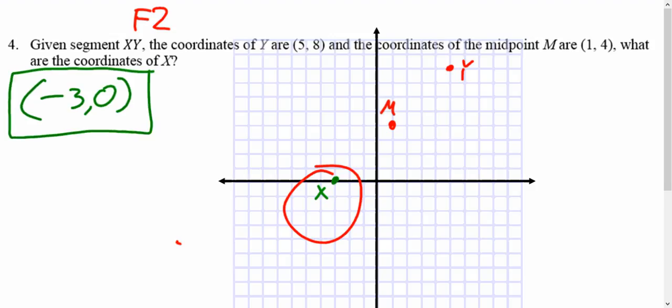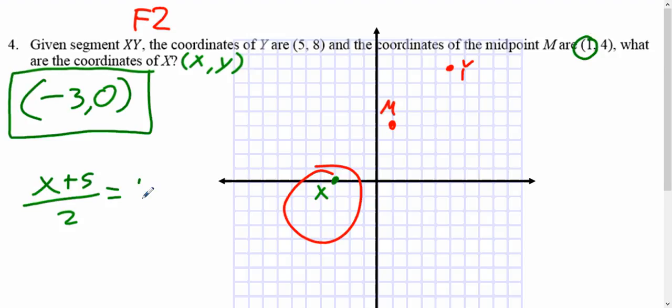You also can do it algebraically. Just take the midpoint formula. We don't know the coordinates of X, so you can call it (x, y). You just take x plus 5 over 2 has to equal 1, and y plus 8 divided by 2 has to equal 4.